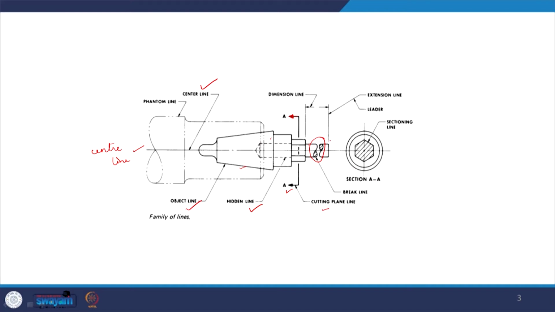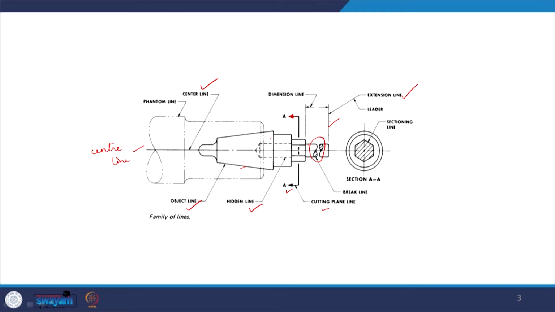Now, in case we have some dimensions to mention, suppose I have to mention the dimension of this piece even after it is broken, I will extend the edges of the object, which is what we see drawn as the extension line, and this is the dimension line.